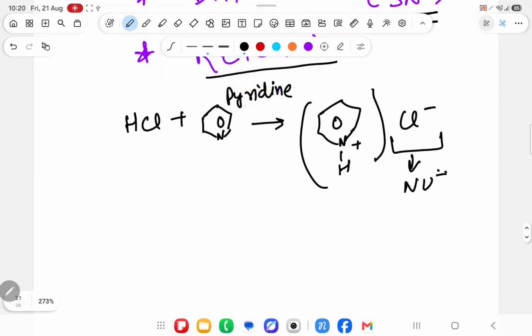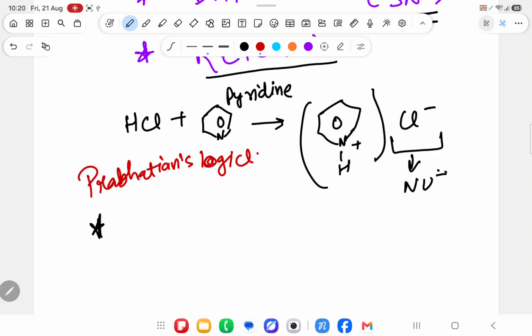Means you will write a simple point. If they simply write SOCl2, then you will say it will do SNi.